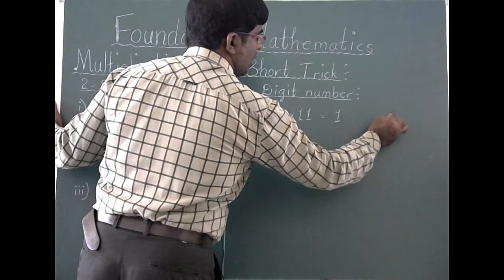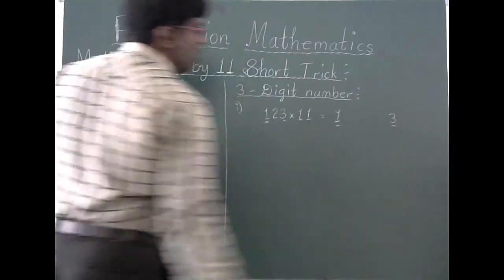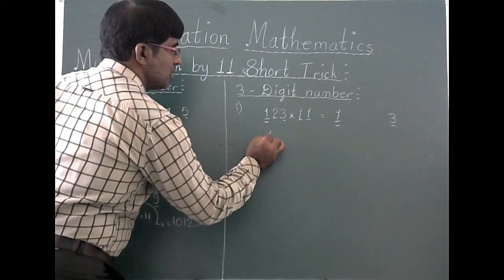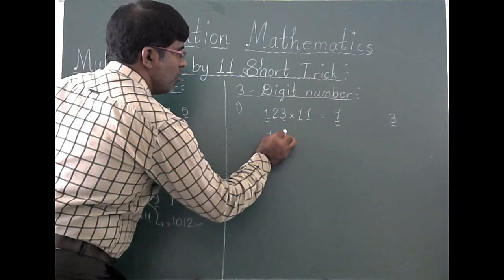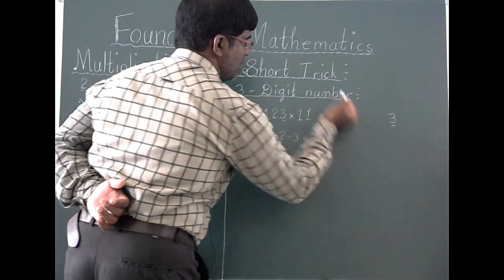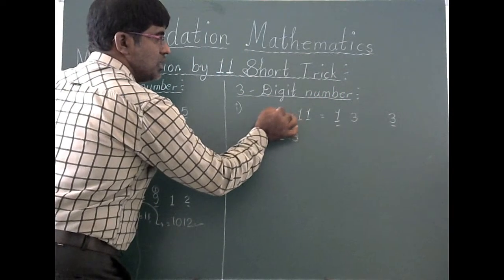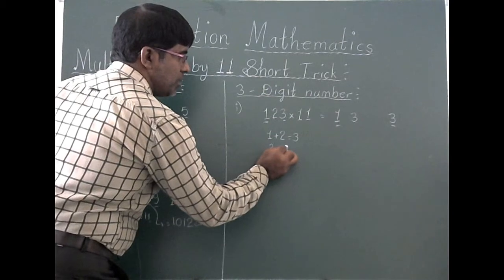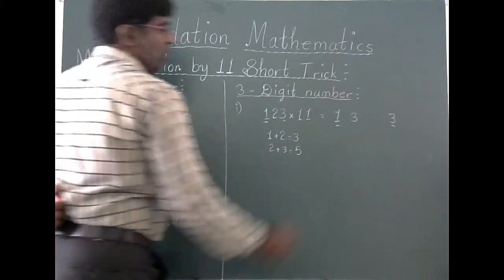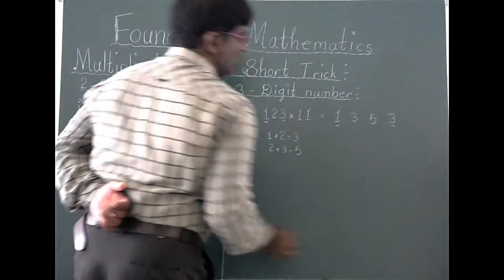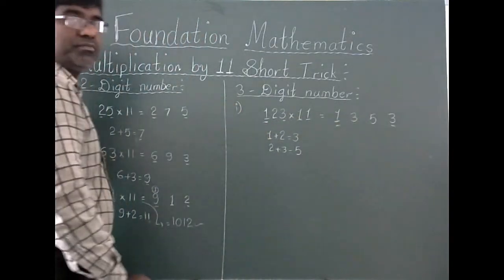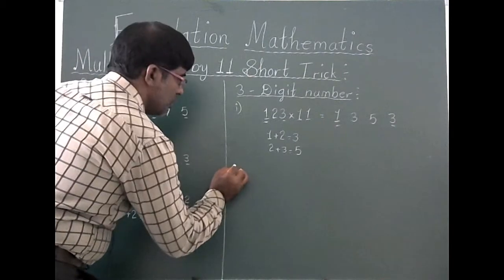But the sum of the first two digits, 1 plus 2 equals 3. So you write here 3. Next, the remaining two digits, 2 plus 3 equals 5. So I am writing here 5. So 123 into 11 equals 1353.